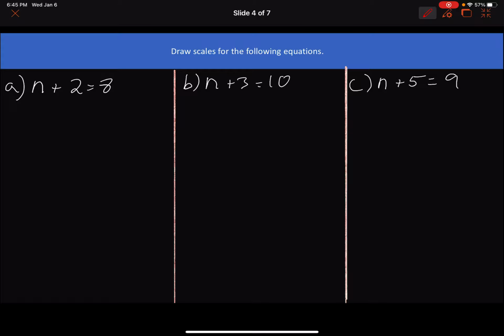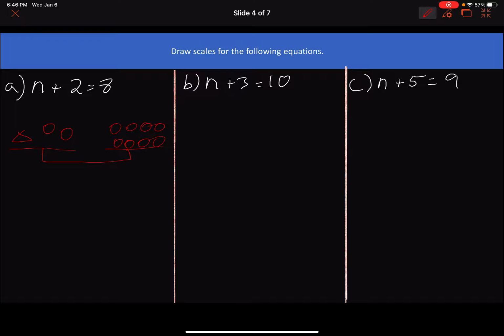Okay, so if I'm going to draw these scales here, I'm going to have a triangle here and 2 circles. And then on the other side of the scale, I'm going to have 1, 2, 3, 4, 5, 6, 7, 8.